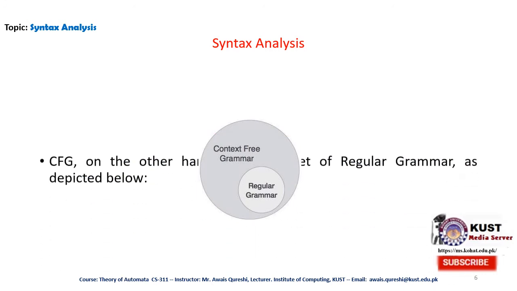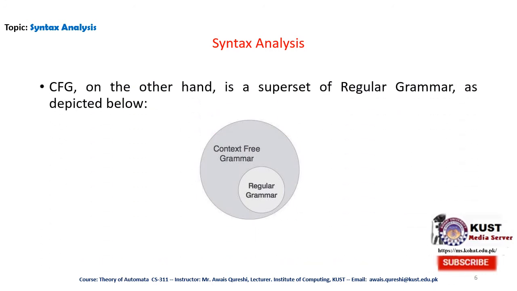As you can see, context-free grammar is a superset of regular grammars, as depicted in the following illustration. Regular grammar is a subset of context-free grammar. Regular grammar is either right or left linear, whereas context-free grammar is basically any combination of terminals and non-terminals.